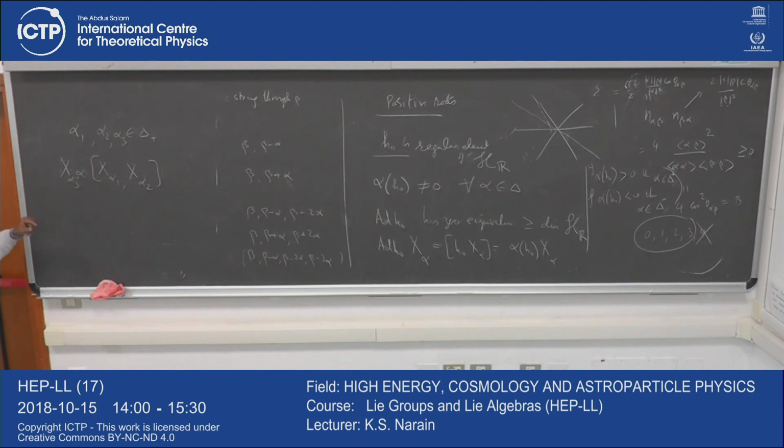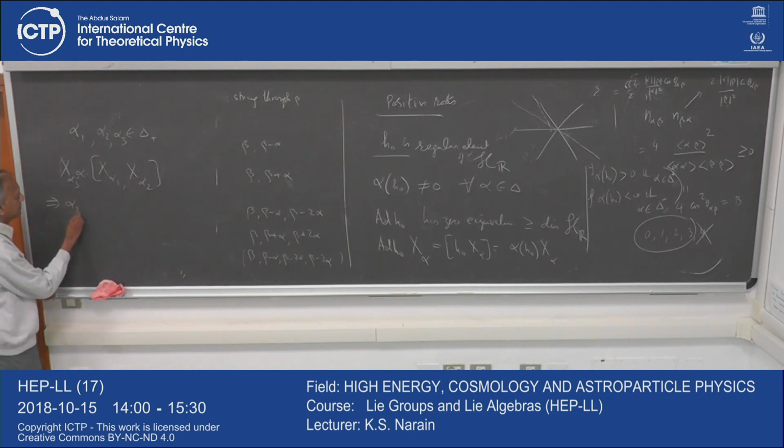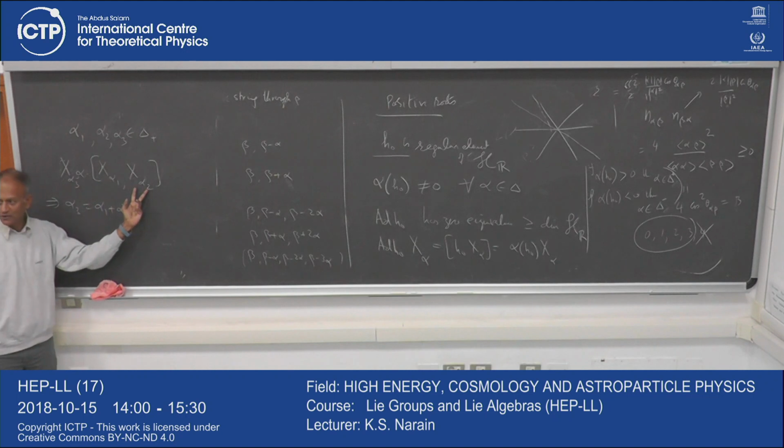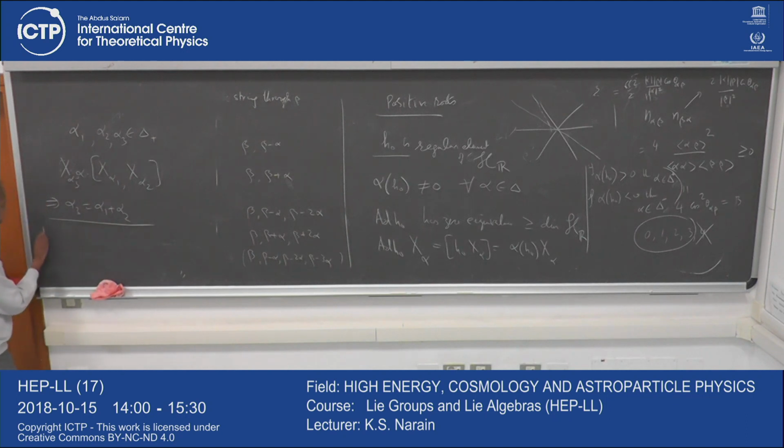Then what would that mean? You know that the roots add up, right? So this would imply that alpha 3 is equal to alpha 1 plus alpha 2. So what we are seeing is that if I have a positive root which can be expressed as a sum of two positive roots, then I can obtain its properties if I know the properties of those two. So you don't want to consider those which can be expressed as sums of two positive roots. So this motivates a definition of simple roots.